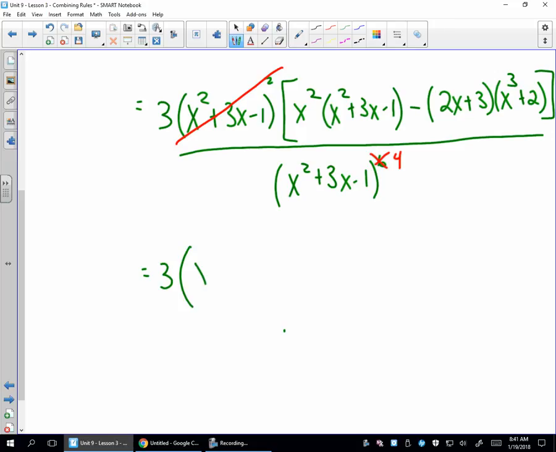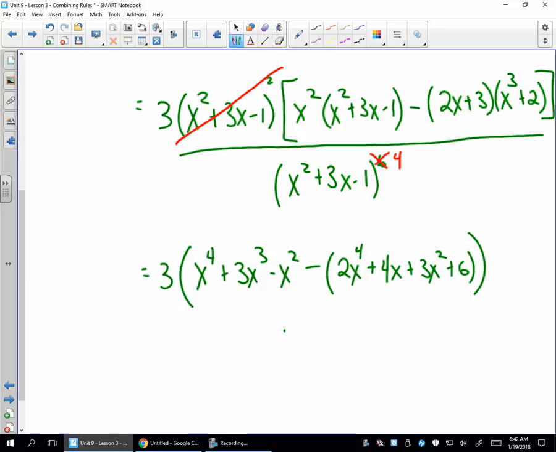So let's do that. x to the 4 plus 3x to the 3 minus x squared minus, I have to do FOIL, 2x to the 4 plus 4x plus 3x squared plus 6, all over the bottom, after we cancel some out.